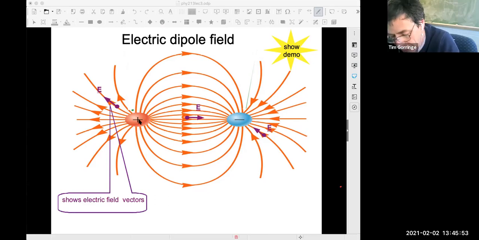They're coming out of the positive charge, and field lines are always coming out of the positive charge. And these field lines are heading into the negative charge. Field lines always head into the negative charge. So since the positive charge is on the left and the negative charge is on the right, the field lines sweep out of the positive charge and over towards the negative charge. So I hope that's okay.